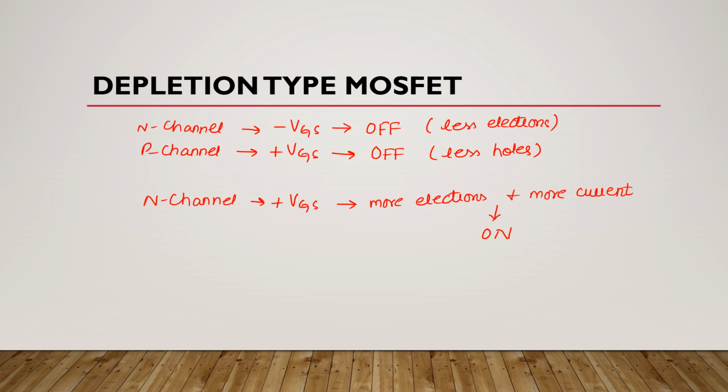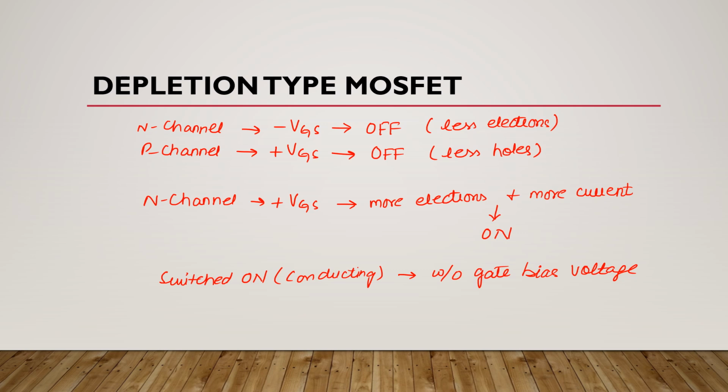It means the device is normally switched on, or it is conducting without the application of gate bias voltage.